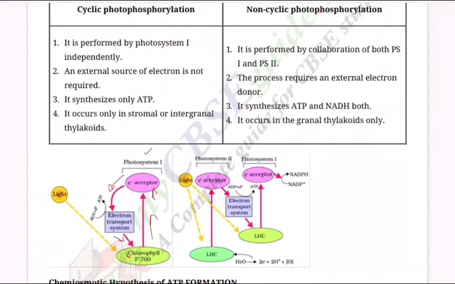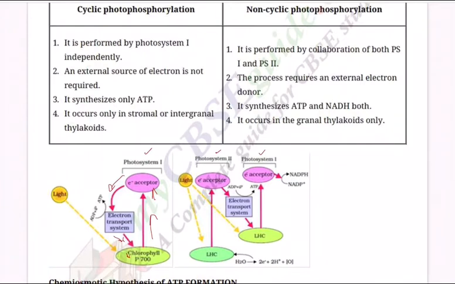What about non-cyclic? Z shape, just now we said. It is performed by collaboration of both PS1 and PS2, photosystem 1 and photosystem 2. And this is not cyclic because it is in the Z shape. Second point, under cyclic photophosphorylation, an external source of electron is not required. There is no requirement of external source.